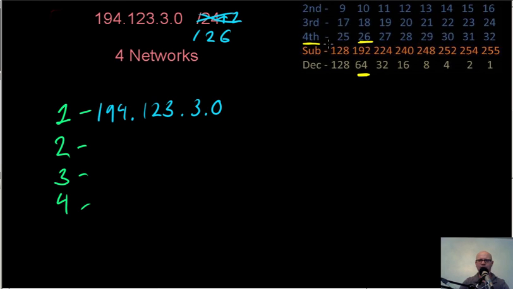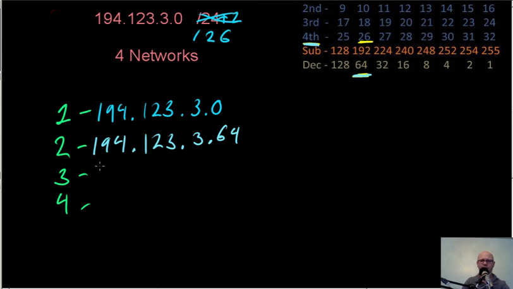Now let's get back to our incrementing, 4th octet by 64. So if our first network is 194.123.3.0, then our next network is going to be 194.123.3, 4th octet incremented by 64. 0 plus 64 is equal to 64.